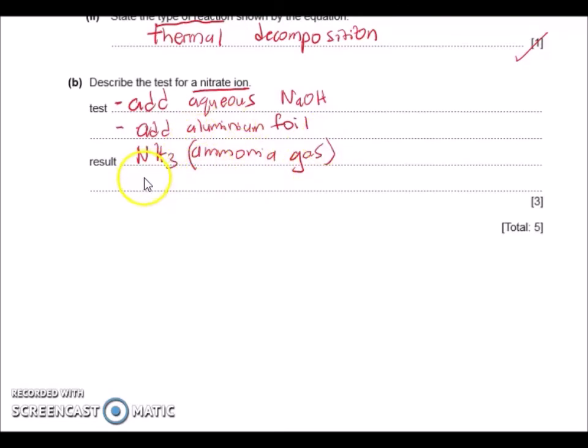So this one, you can say it turns damp litmus paper red to blue, because this is alkaline. So we have here 3 marks, and total for this question here we are having is 5 marks.